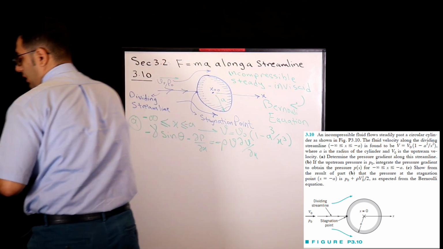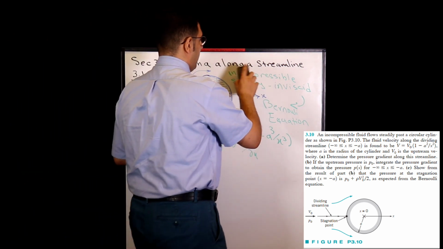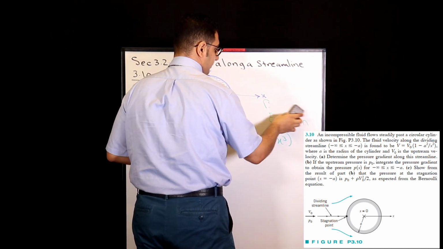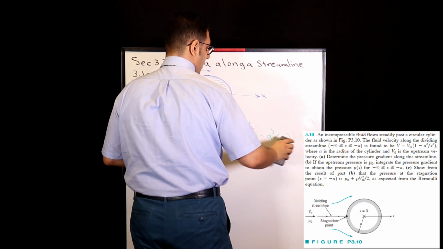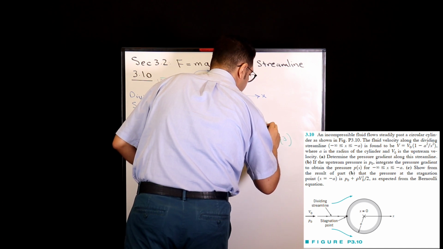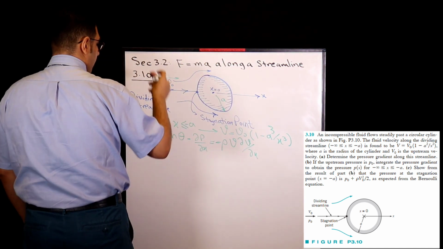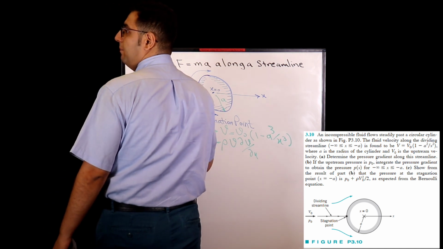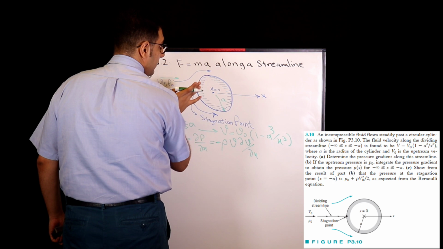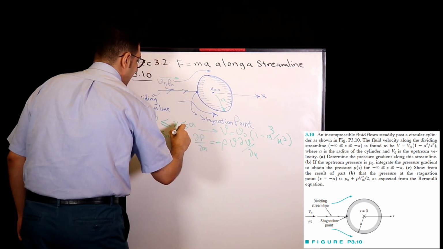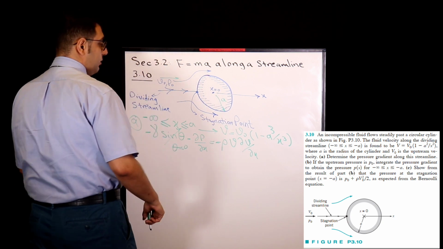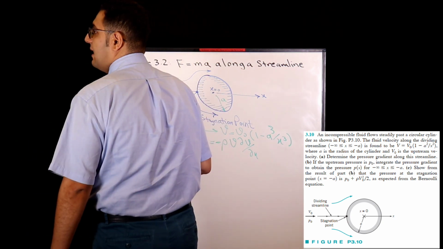Let me just clean up here to write it down over here. As we are moving along the horizontal line, sine theta is going to be 0, as theta is equal to 0. So we have it as this.